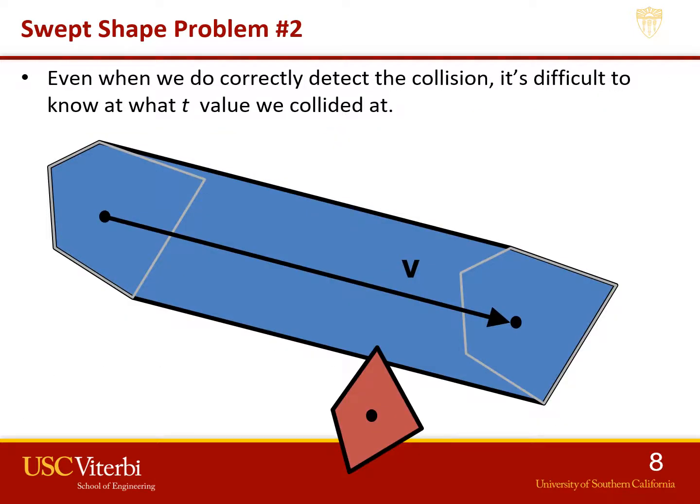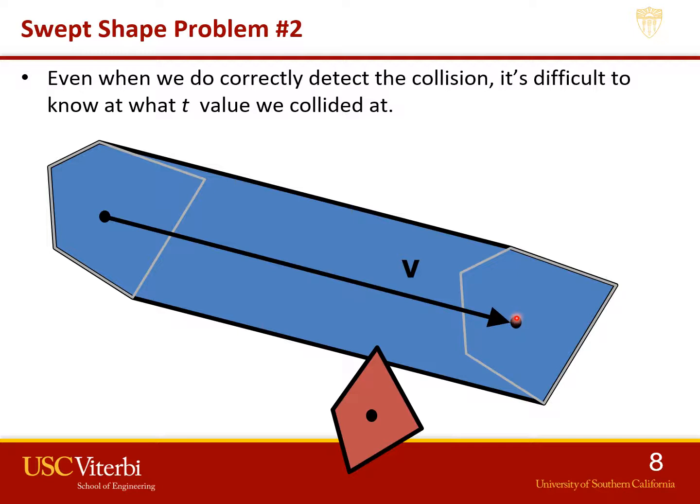Another problem that comes up with a swept shape situation is oftentimes someone's going to ask for more precise information than just, did you hit it? They're going to say, well, where did you hit it? Or another way of thinking this is, when did you hit it? I mean, we're thinking of this blue swept shape as swept through time. This is over the course of a game frame where the shape started here and it moved along this path until it would have arrived here.